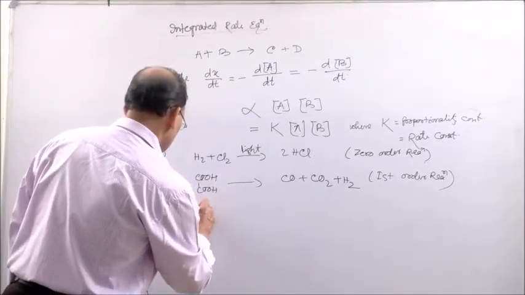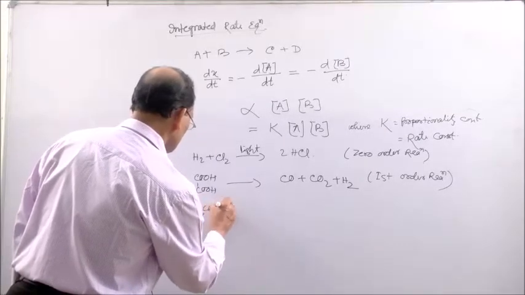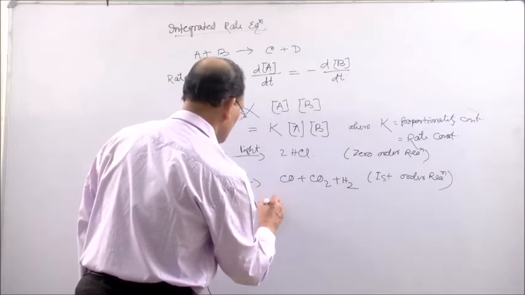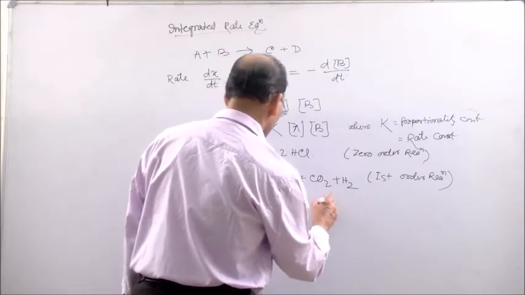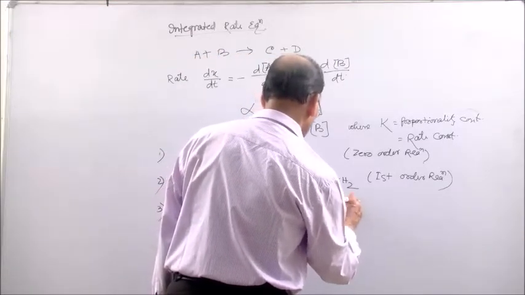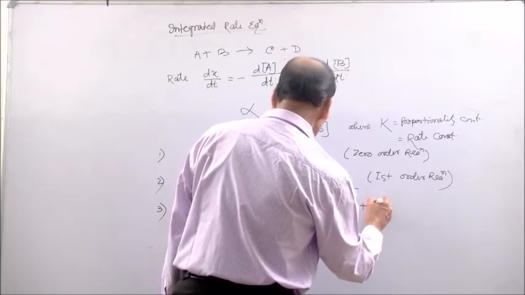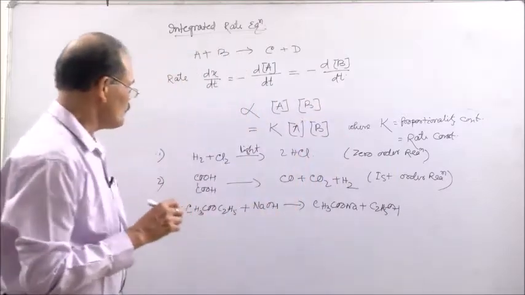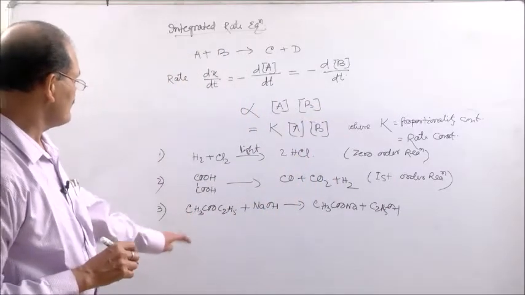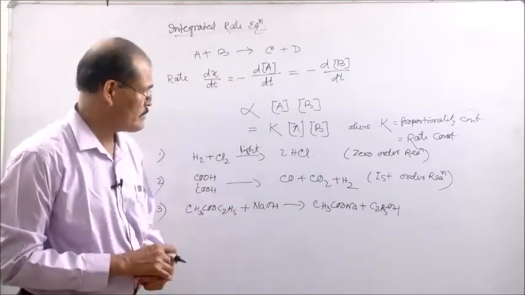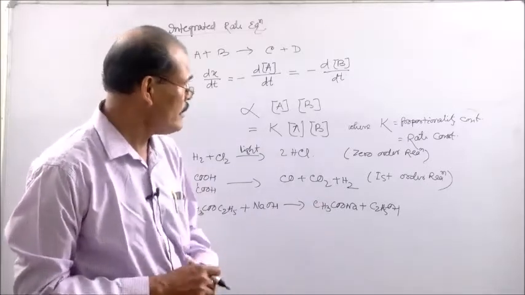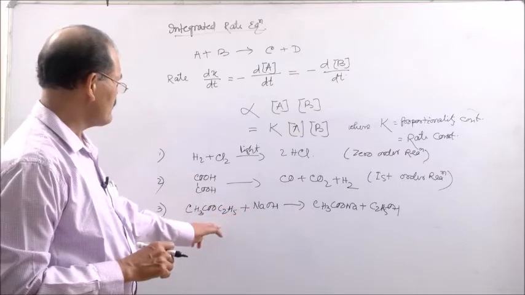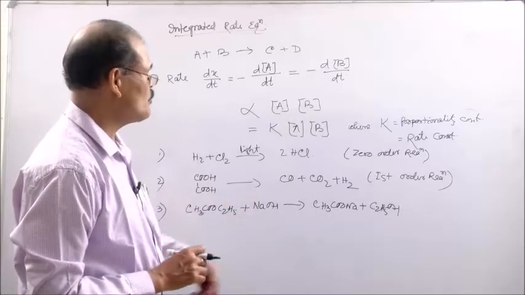And another depends upon two molecules, that is ethyl acetate with sodium hydroxide forming sodium acetate and ethanol. That means it depends upon two concentration terms, ethyl acetate and sodium hydroxide.